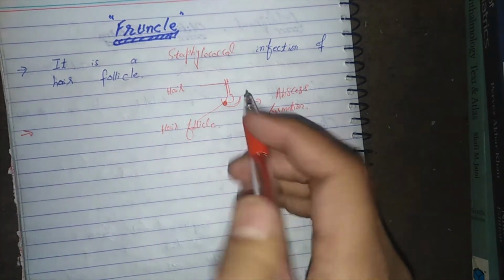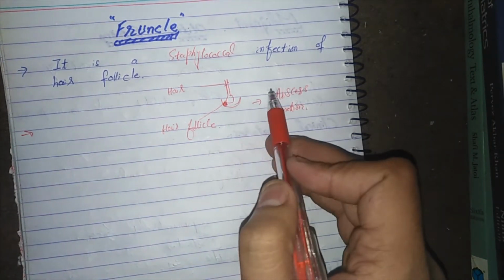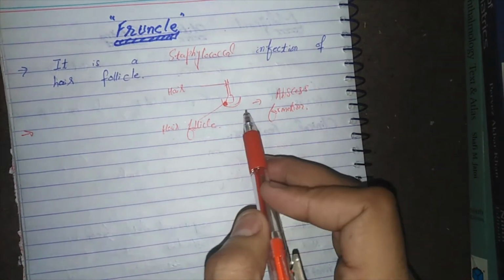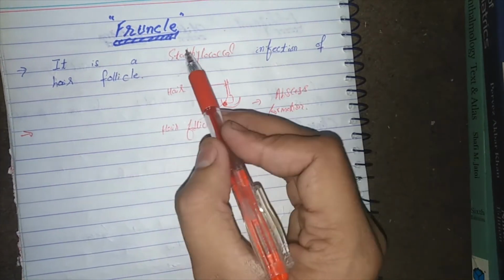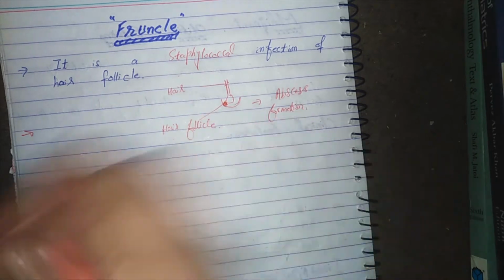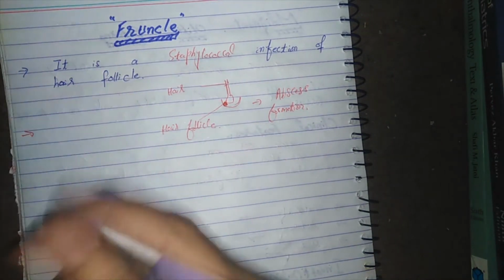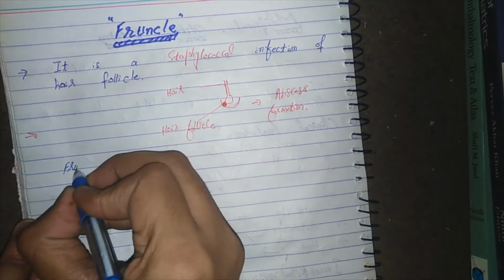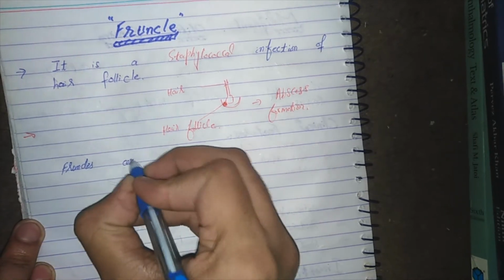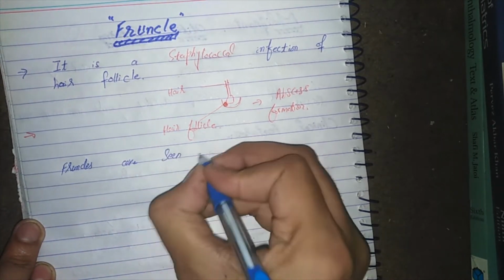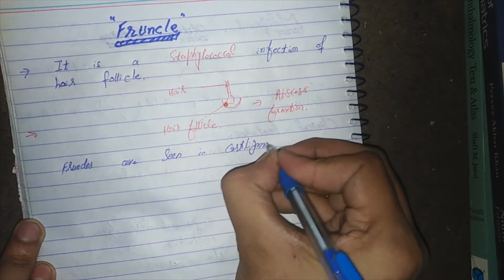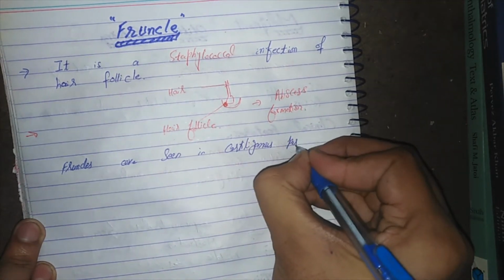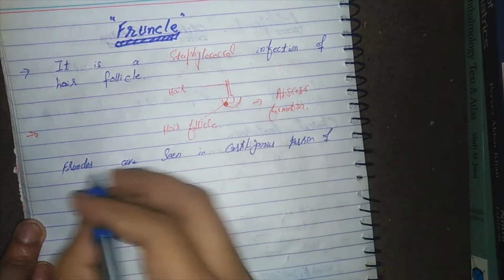As hair is only present in the cartilaginous portion of the ear canal, furuncles are only present in the cartilaginous portion of the ear canal.